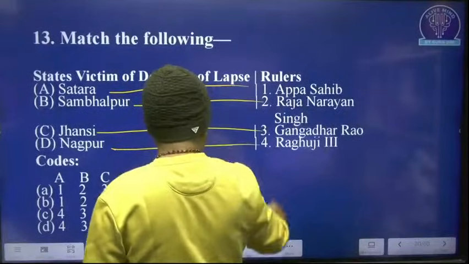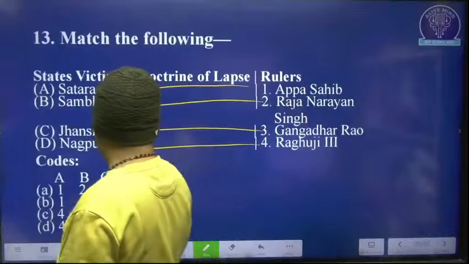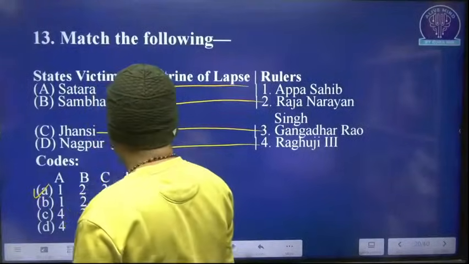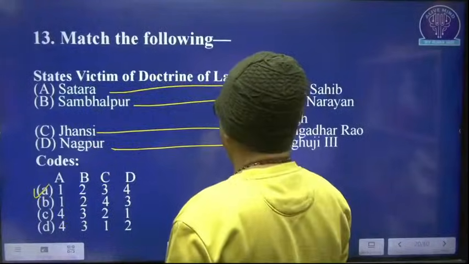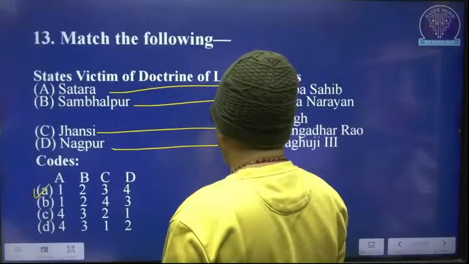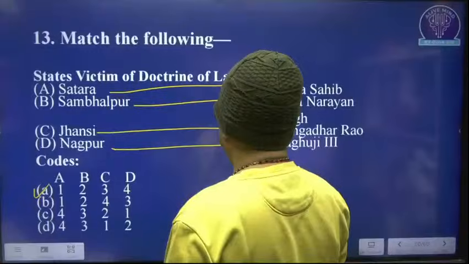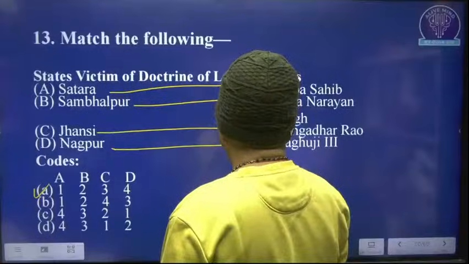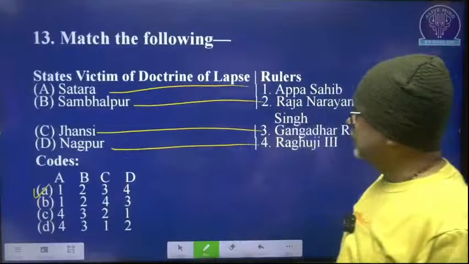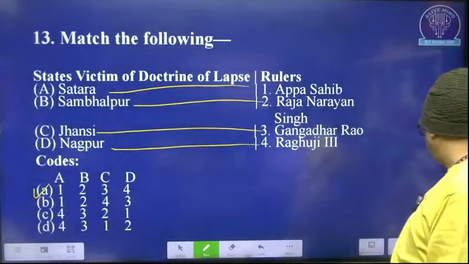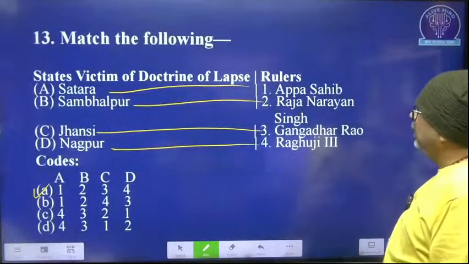Nagpur. So 1, 2, 3, 4. Answer is A. Doctrine of lapse. Matlab Dalhousie.